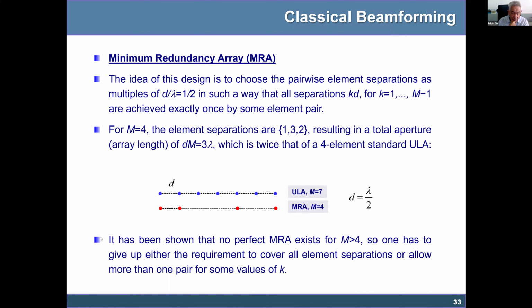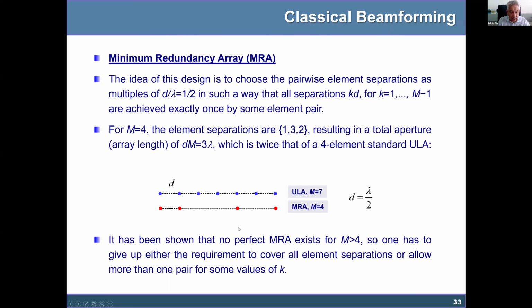Then a couple with distance 5d, the second and the fourth. And finally, a couple with distance 6d, which is the largest, the first and the fourth.